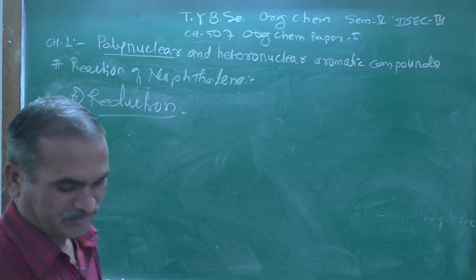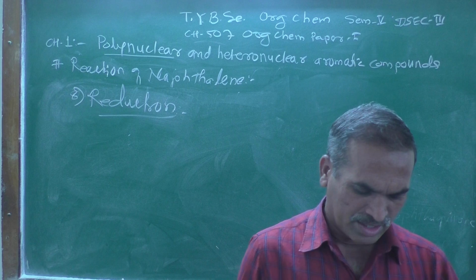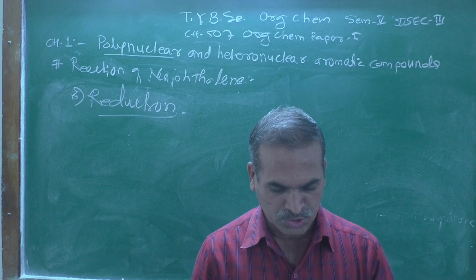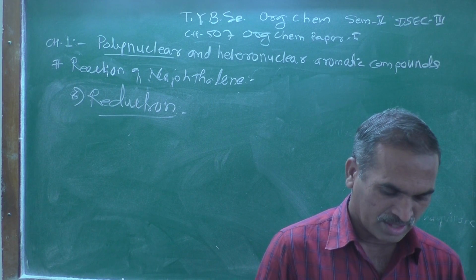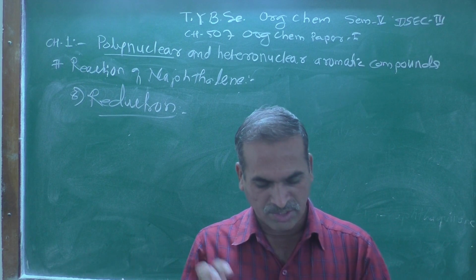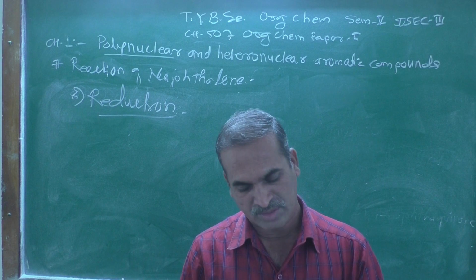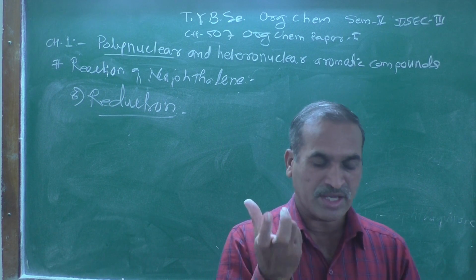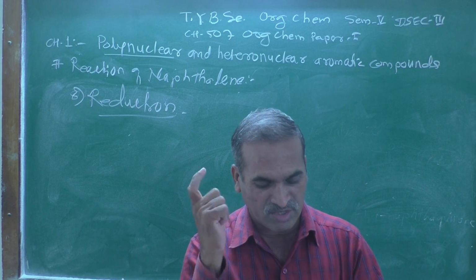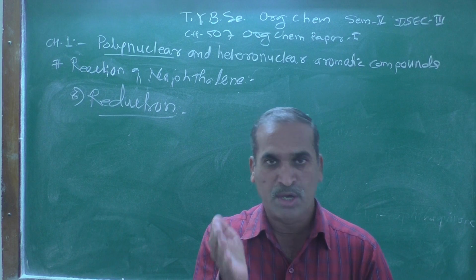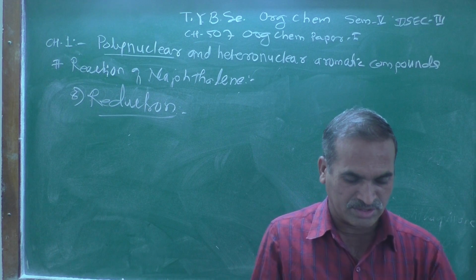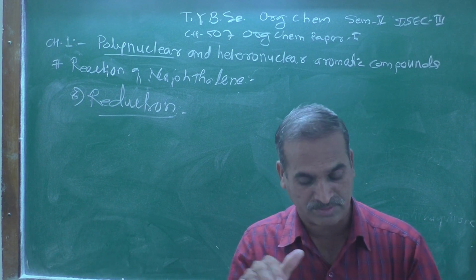Now the reduction. Naphthalene can be selectively reduced by choosing the proper reagent and maintaining proper conditions, giving different reduced products. Look at this very important sentence.